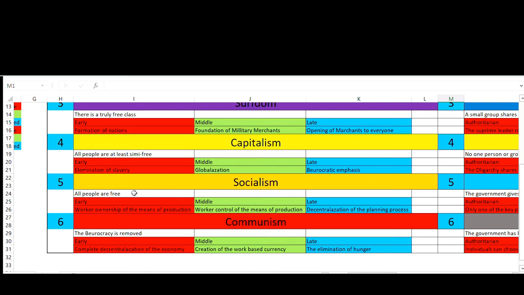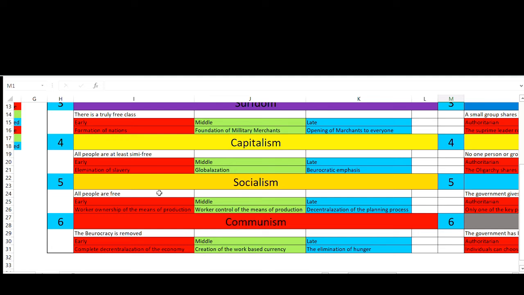There are no more enslaved people. Just like it would be unusual to be a full slave in capitalism, it is also unusual to be a semi-slave in socialism. All right?